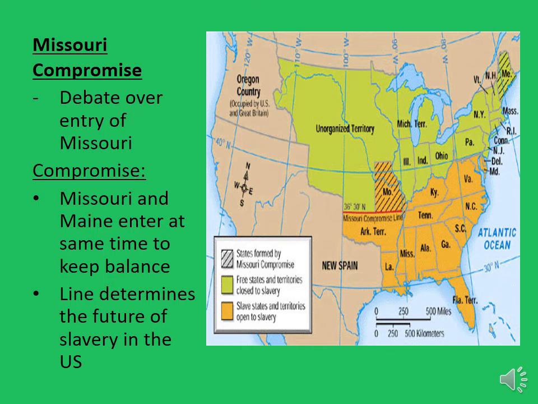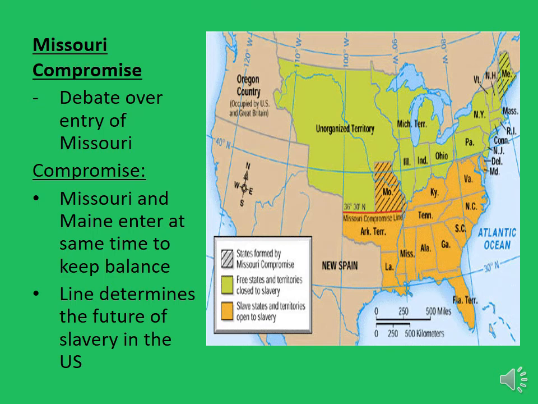And on this page, I'm just reiterating that the Missouri Compromise was the debate over the entry of Missouri. So basically, when you're a territory, you have people that live in your state. Like, for example, in the picture it says Arkansas Territory.